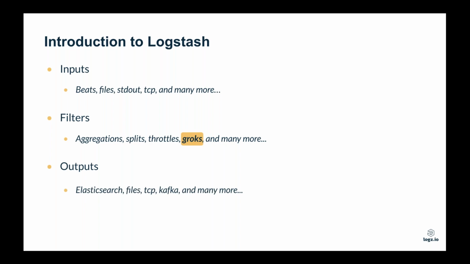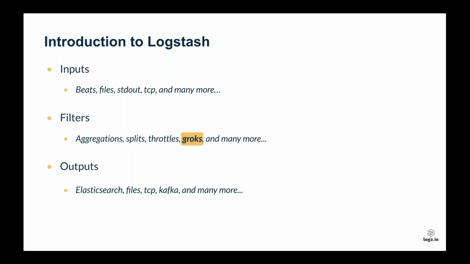And once the inputs have been consumed, filtered, parsed, and processed at the filtering layer, you need to provide an output so that it can be stored somewhere or go to the next phase of the overall process. Very often, this is going to be Elasticsearch, as Logstash is a key component of the ELK stack, but it can also be something like a file, a TCP socket, a queuing system like Kafka, or many other things.